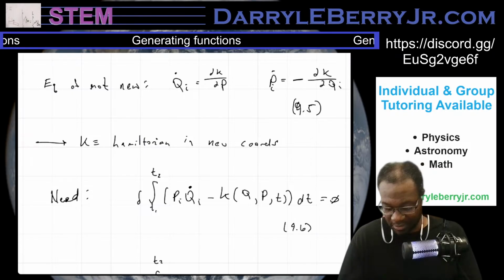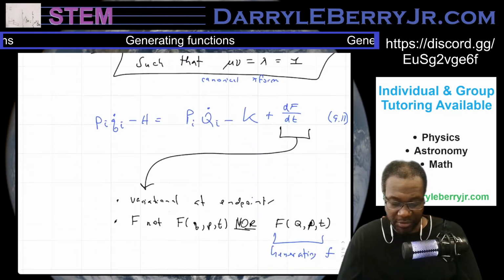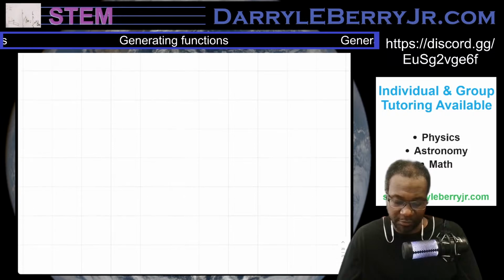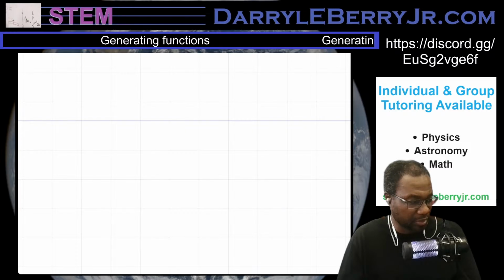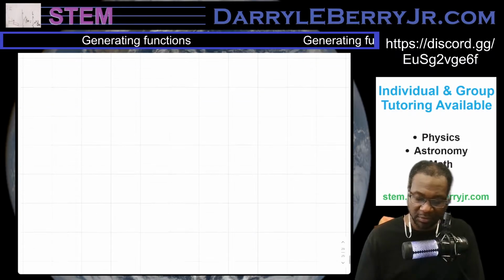Having a better idea of what this generating function is, but it's still not completely clear. We can usually reverse the process: given the equations of transformation, an appropriate generating function may be derived.